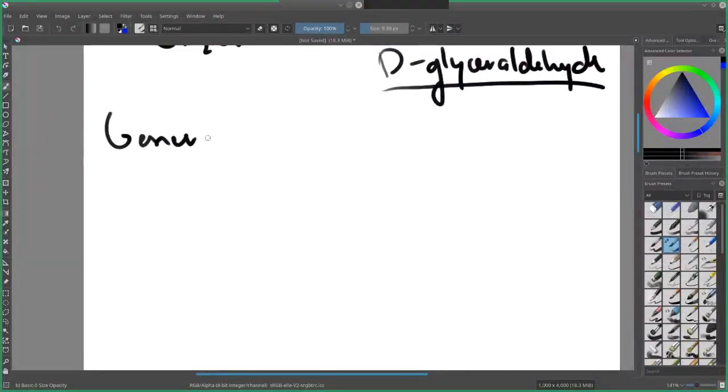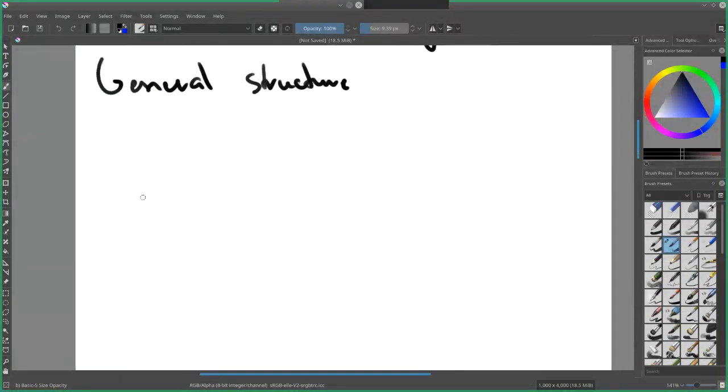Okay, so in terms of the general structure, sugars, when you draw them, at the bottom, they will have CH2OH. That one is always going to be there as far as I can think of.